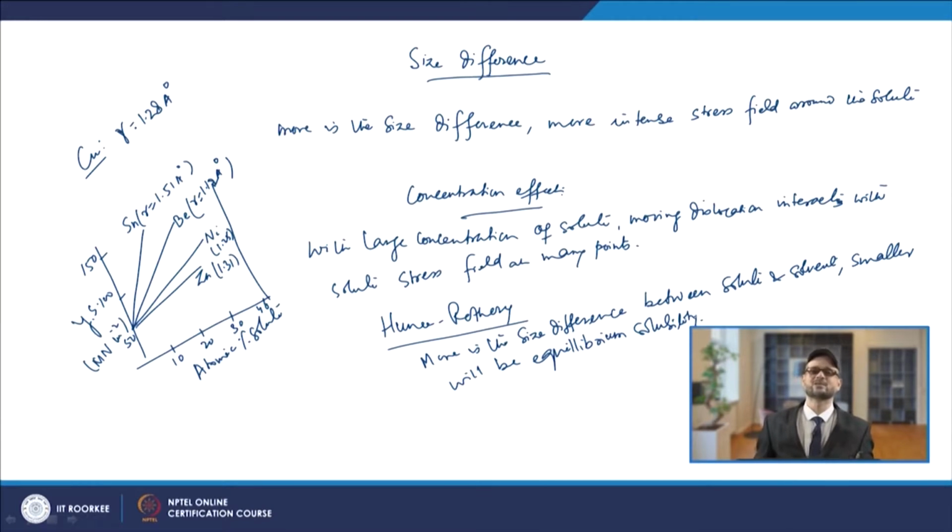In steel, we are able to get very high strength because of interstitial solid solution strengthening. As you know, the size of carbon is very small, and it is comparable to the size of the void in the iron matrix.